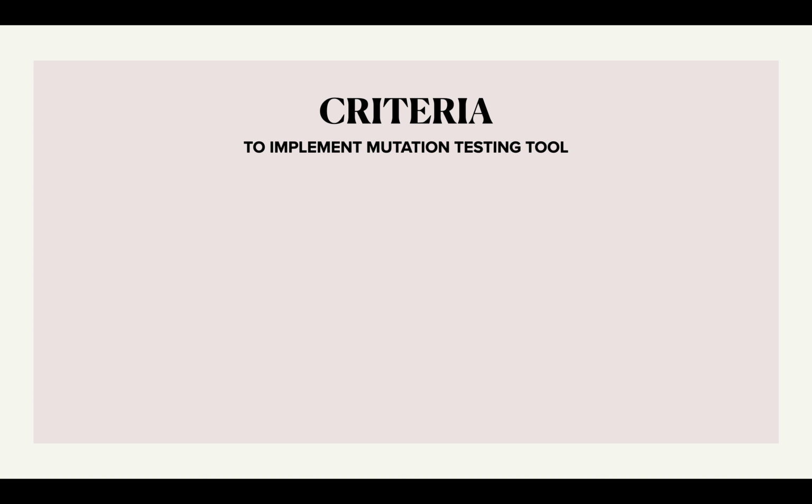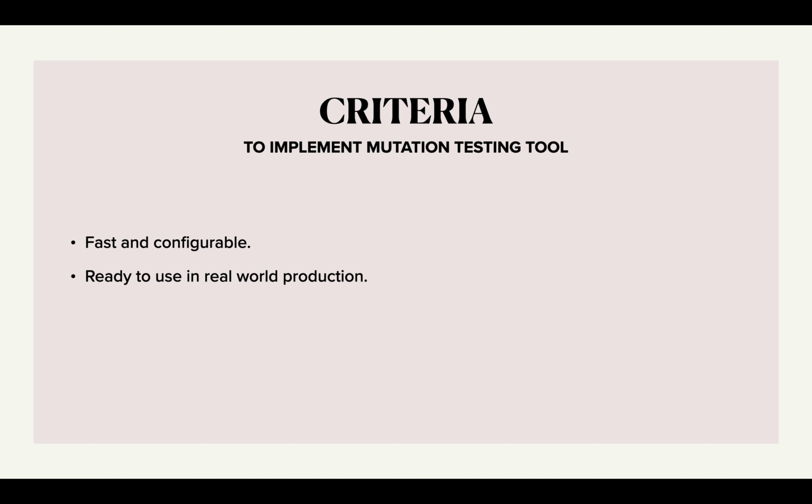Now let's see the criteria which is considered to be important for a practical implementation of any mutation testing tool. Today we are discussing MUL, but if you go to Google and search, there is another mutation testing tool called MART. Now let's see the basic criteria. First, the tool must be fast, configurable and easy to set up and use.